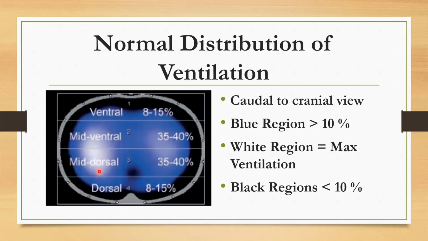If you have a lot more white in an area, you'd understand a lot more of the ventilatory power or the stress is going towards that area. So you want to have as much as possible even distribution of this white inside of the blue. If you're under 10% of distribution, in certain images you'll see that there's black, that there's no blue. Doesn't mean that there's no distribution at all, but it's usually smaller, under 10%.